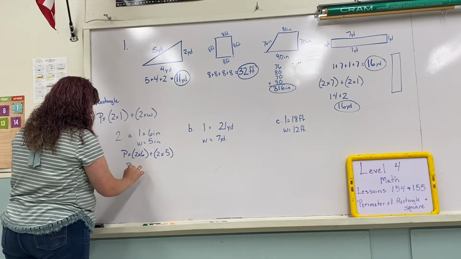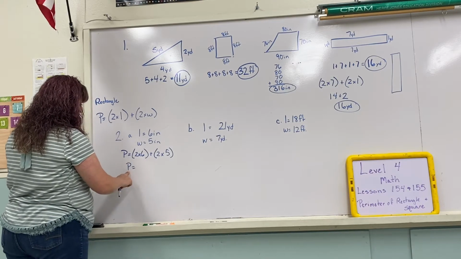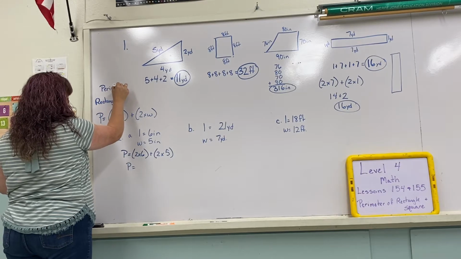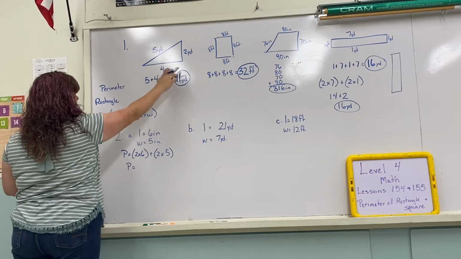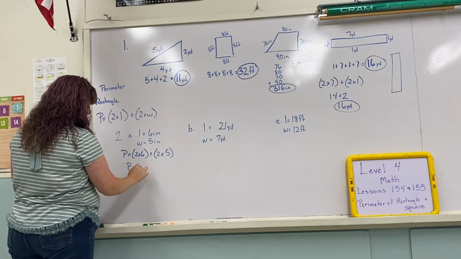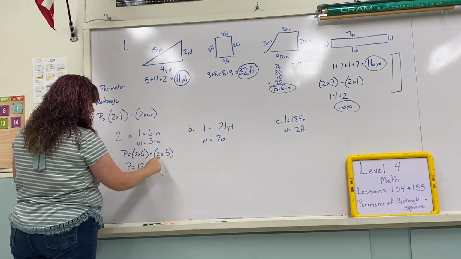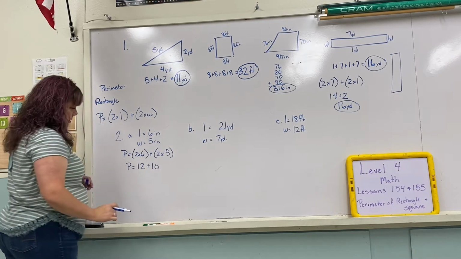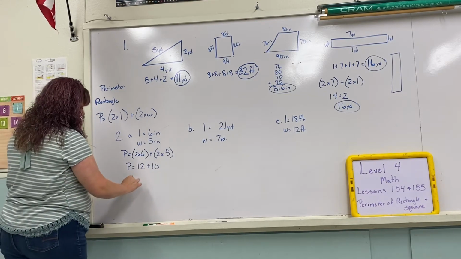So P equals, P stands for perimeter. Perimeter means the area around. 2 times 6 is 12, plus 2 times 5 is 10. Now we can solve that, right?